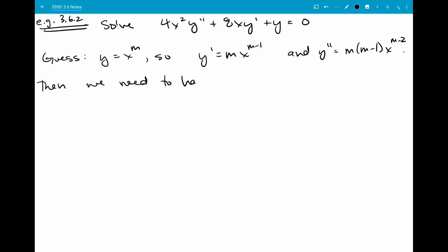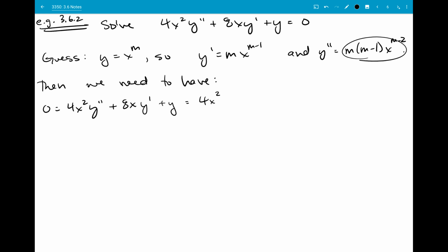So then we need to have 0 equal to 4x squared y double prime plus 8xy prime plus y, which would actually be 4x squared times m times m minus 1 times x to the m minus 2, plus 8x times m x to the m minus 1, plus y, which is just x to the m.